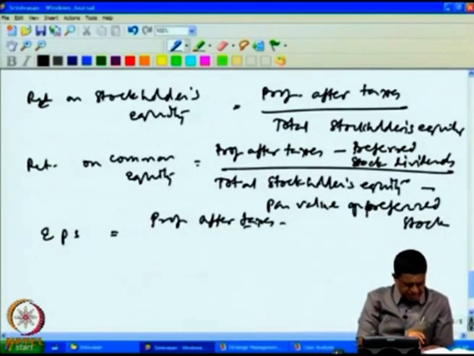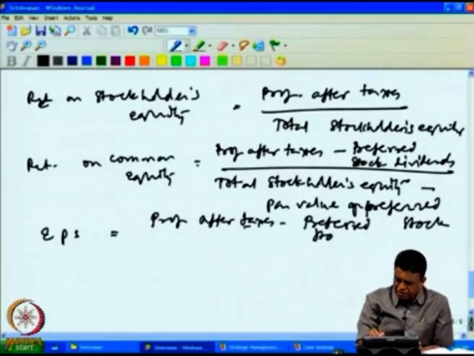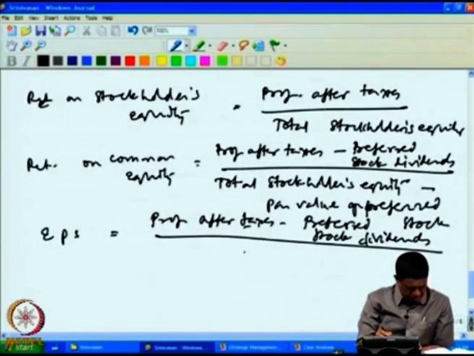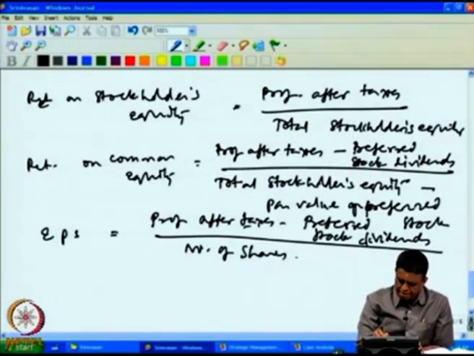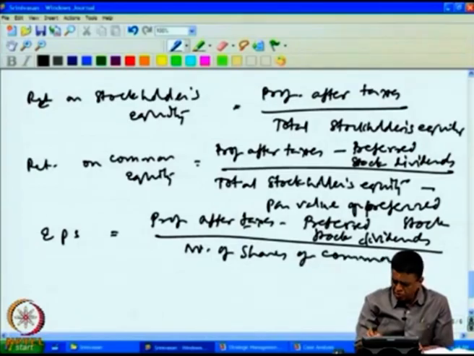So, profit after taxes minus the preferred stock dividends, divided by the number of shares of common stock outstanding.